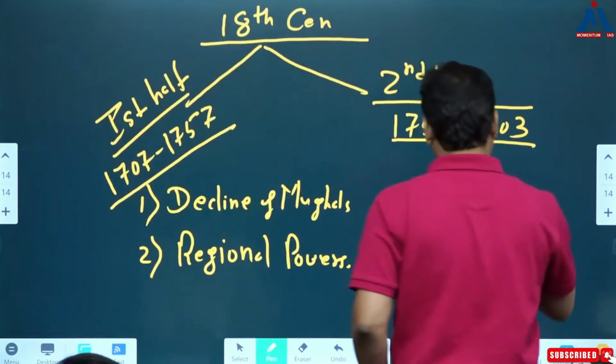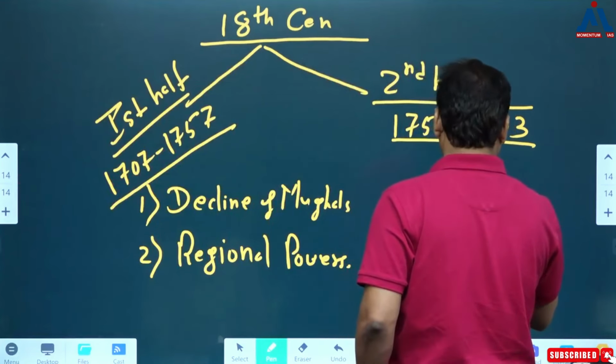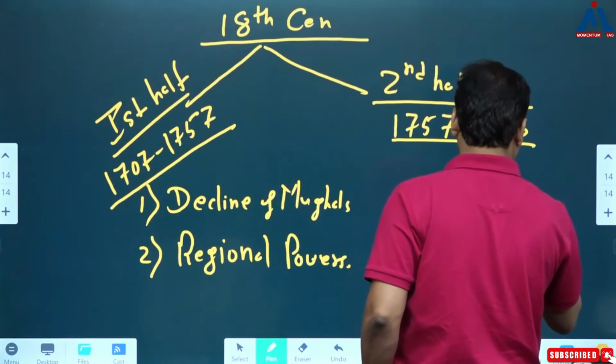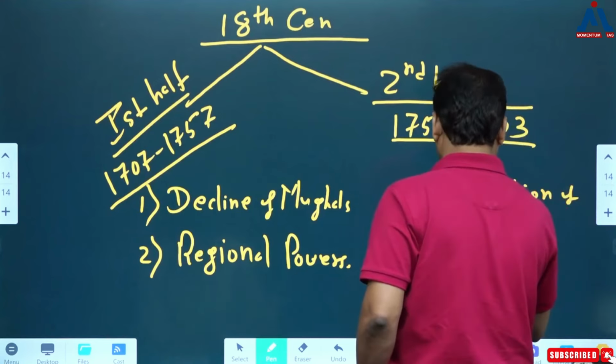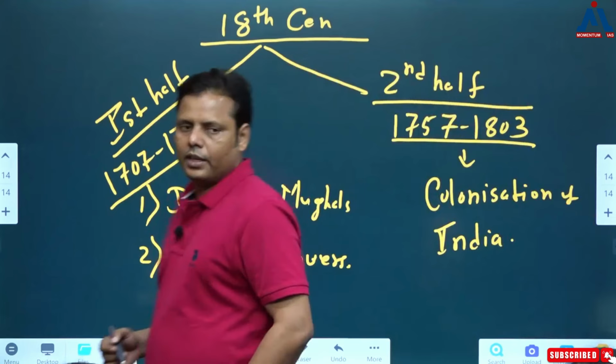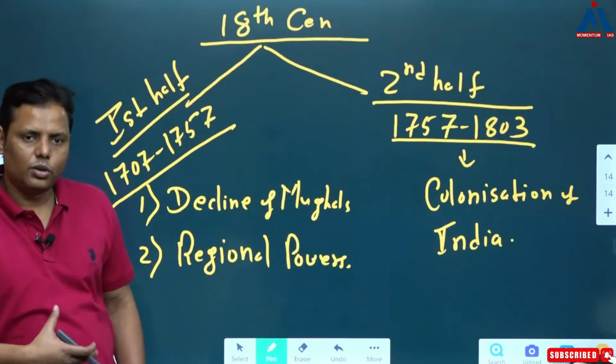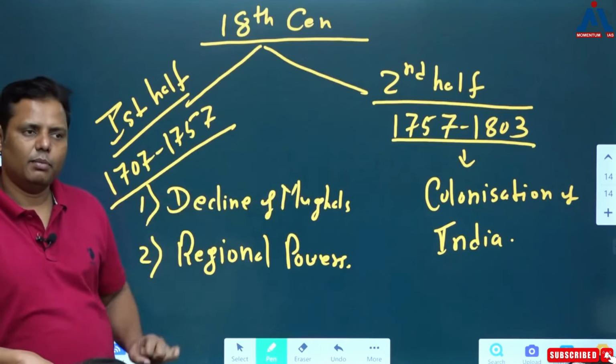And when you see the second part, here you can find, I can say one thing, the colonization of India. So when you see 18th century, in a very crude way, these are some important developments that could be noticed.